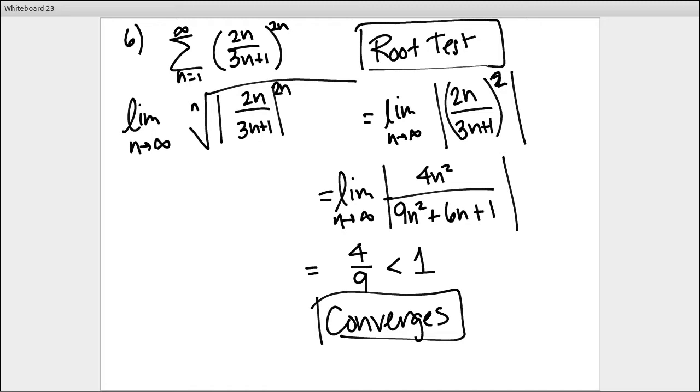Make sure you check if it's just the nth term test. Sometimes it's a matter of, hey, just do the nth term test. n over 3n minus 1. There we go.